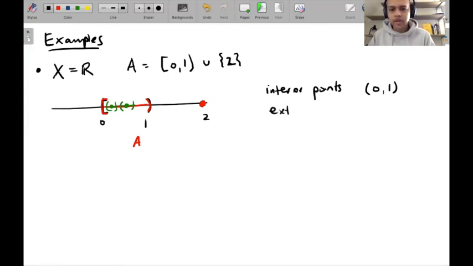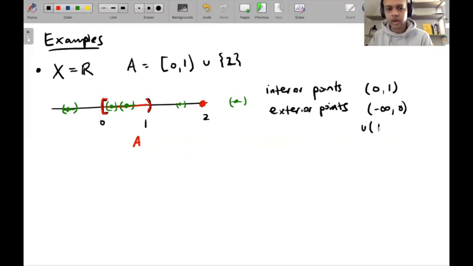The exterior points: any point out here is an exterior point. There's an open set around this point, which is in the complement of A. And similarly, points here and points further out over here. So the exterior points are minus infinity up to 0, not including 0, together with the interval from 1 to 2 and the interval from 2 to infinity.